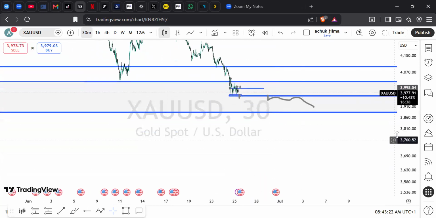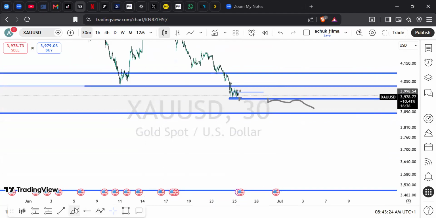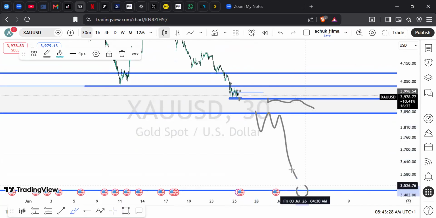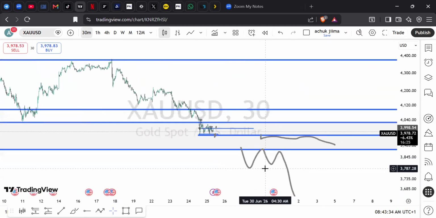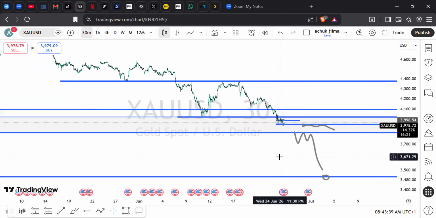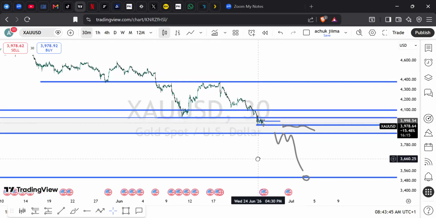If that happens and then the market completely continues to break below this, then we can look for sales into this area here. So the only thing we just have to do now is wait and see what will happen. There is no need to rush, just wait. We're now into London session, wait for New York and see what will happen. So let's see how gold is going to play out.